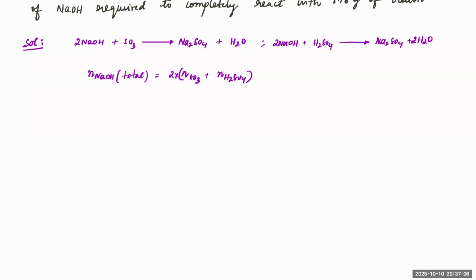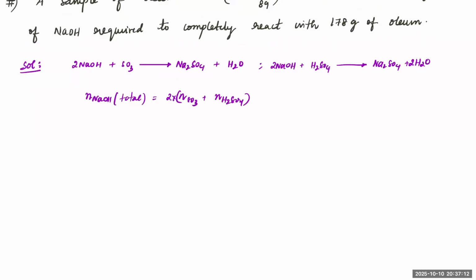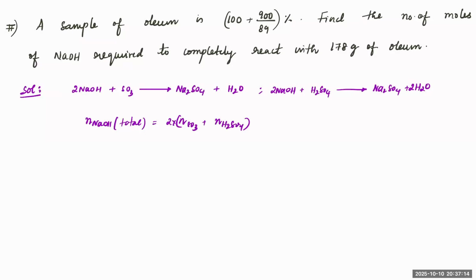These are the total number of moles required. So try to figure out how much is the number of moles of SO3 and number of moles of H2SO4 present in 178 grams of oleum.